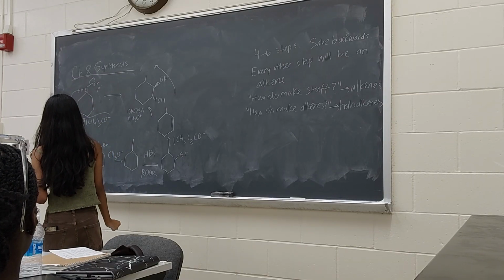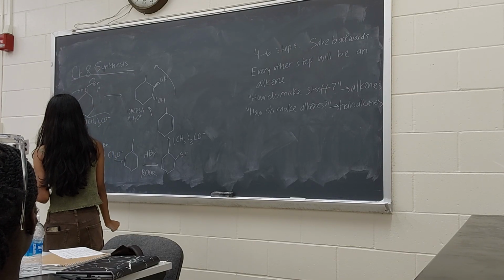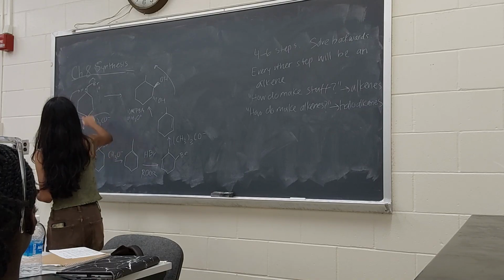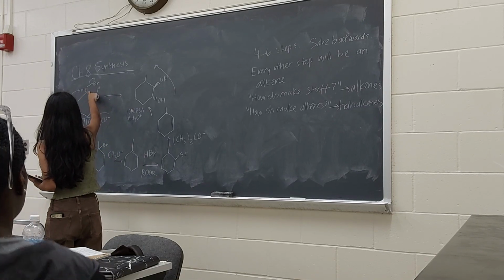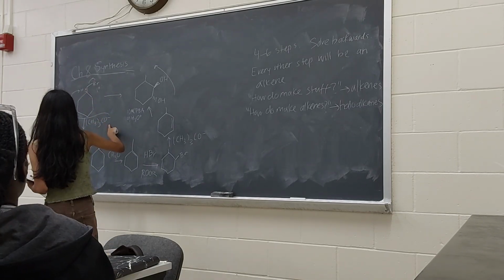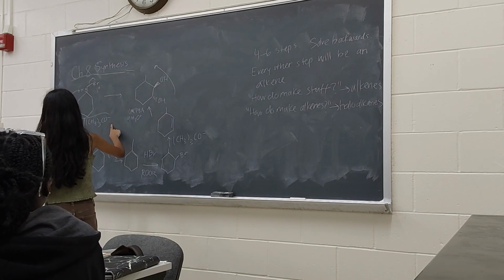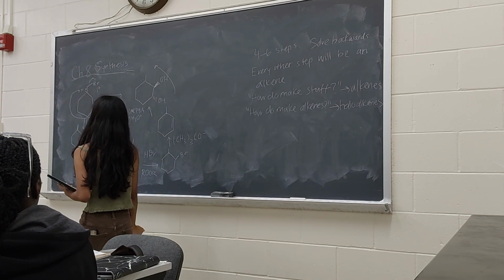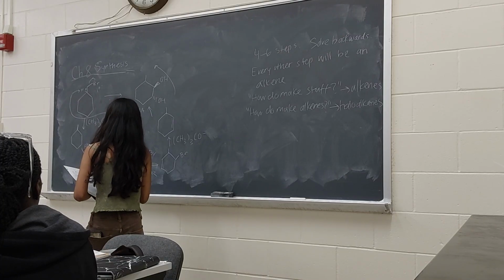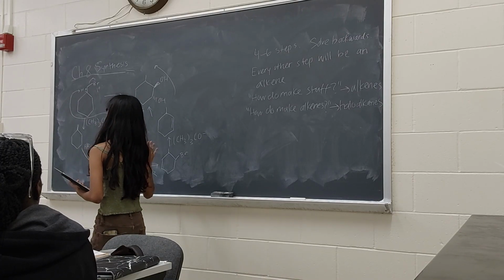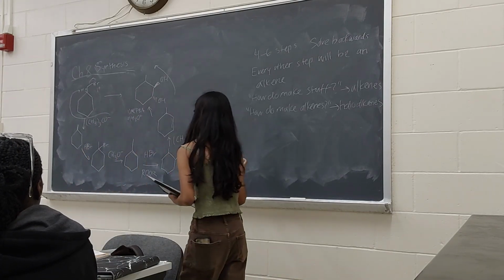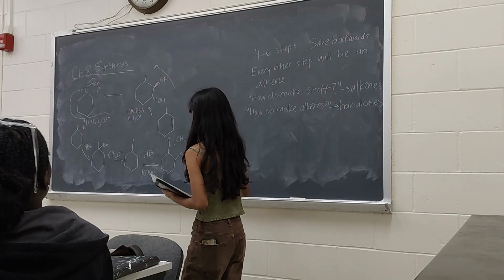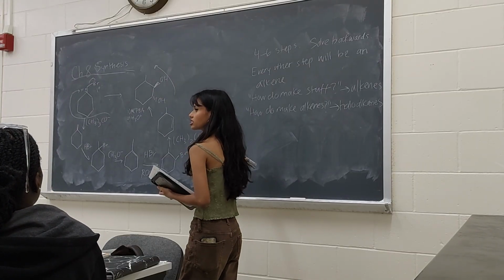Oh, and then we place the hydrogen in place of Br? No, this hydrogen was the beta hydrogen that the base attacks because it's the elimination. Oh, I see. In elimination, it will always attack the beta hydrogen, which will form the double bond. Any other questions?